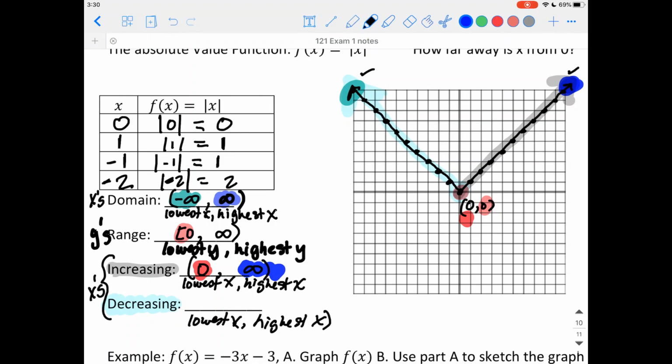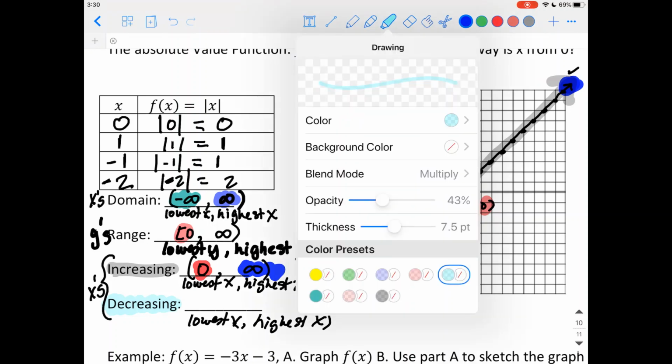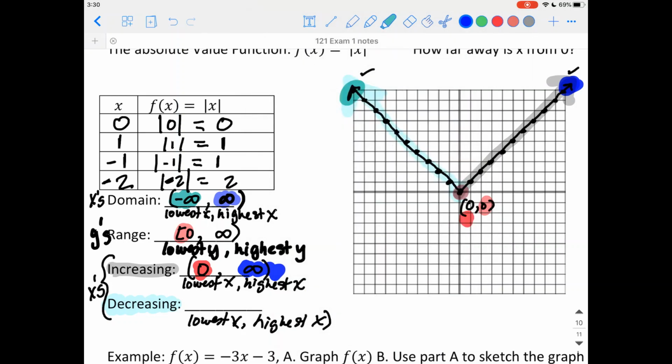And because of the green arrow, this green arrow right here, my lowest x is technically going forever left. So that's going to be negative infinity.